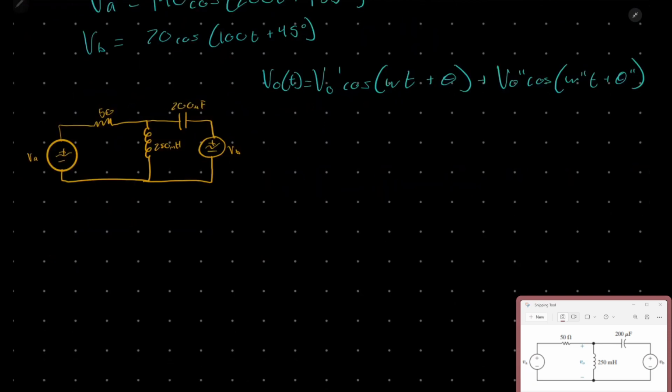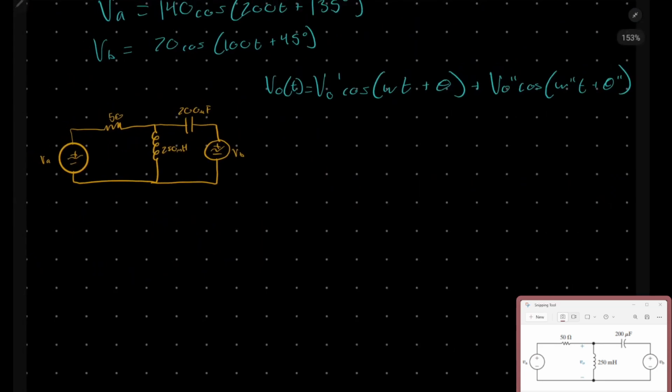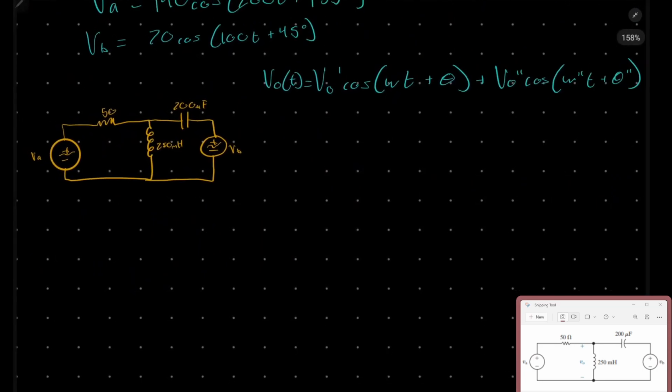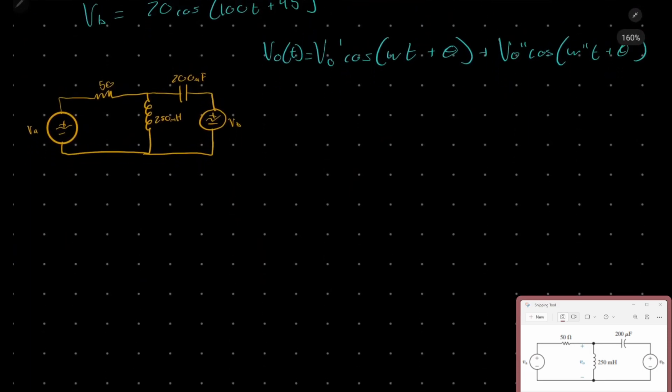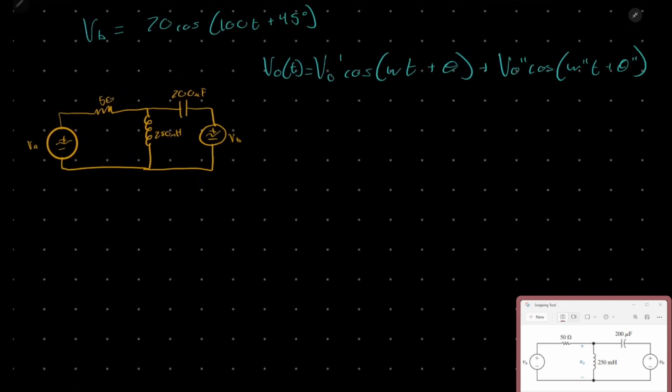So here in this circuit, we have an inductor, a capacitor, and a resistor. Before we start solving, let's convert these devices into their impedance form.